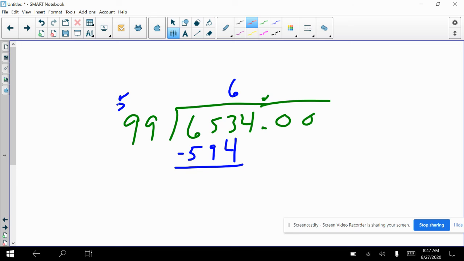Remember how to do that from last night? You borrow 1 from the 5 to make it a 4. Now that becomes 13. Now can you take 4 away from 13? What do you get? 13 minus 4. 9.